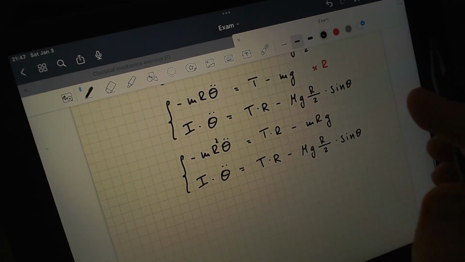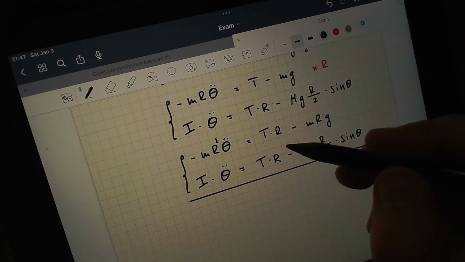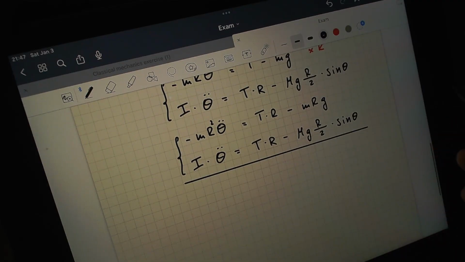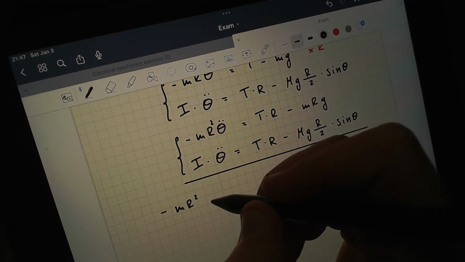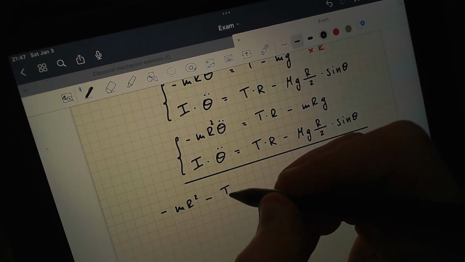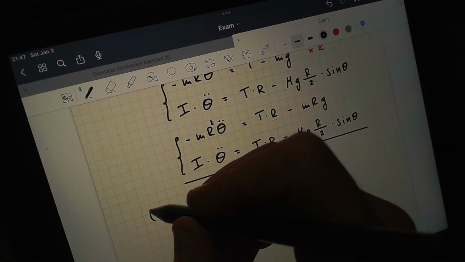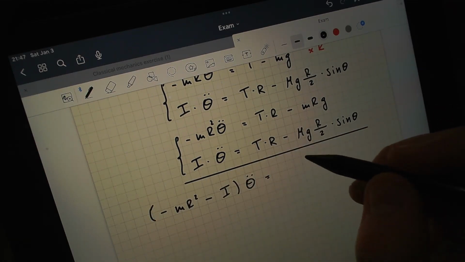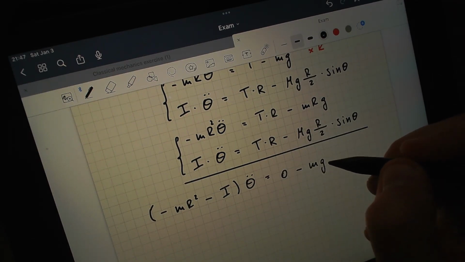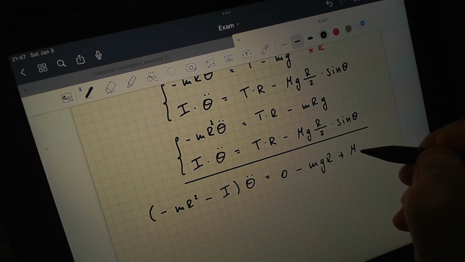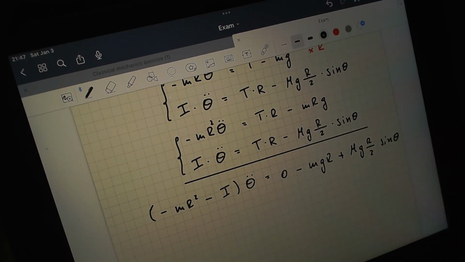Okay, so now if we subtract these two equations, we will get minus m r squared minus I that multiplies the angular acceleration, and then we have 0, and then minus mgr plus mgr over 2 sine of theta.